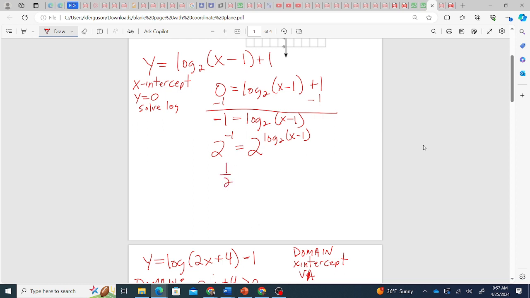Does anybody have any questions about why that's 1/2? The negative exponent doesn't change the number to positive or negative. All it does is change position. So 2 to the first power is 2. 2 to the negative first power is 1/2.